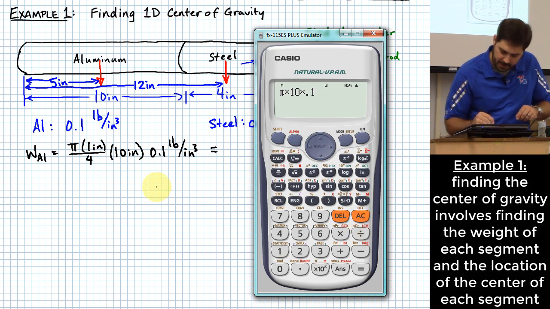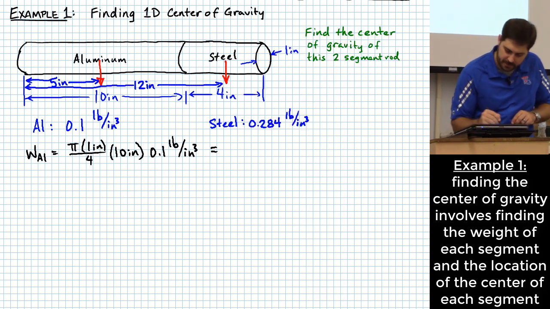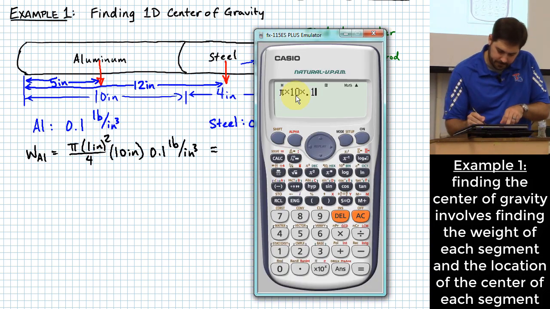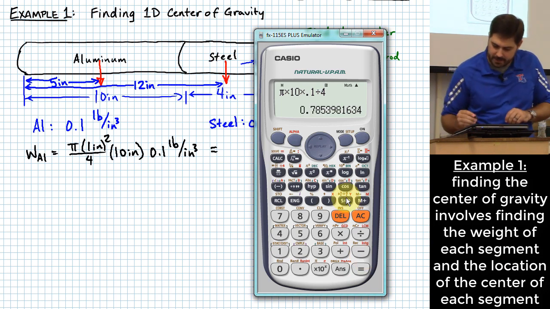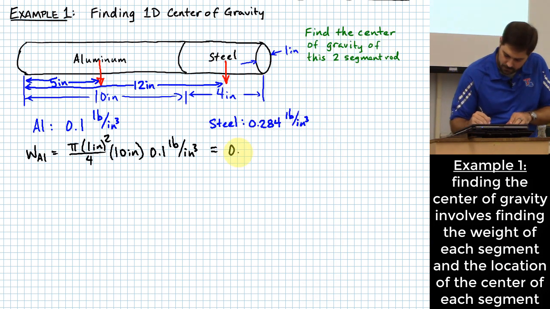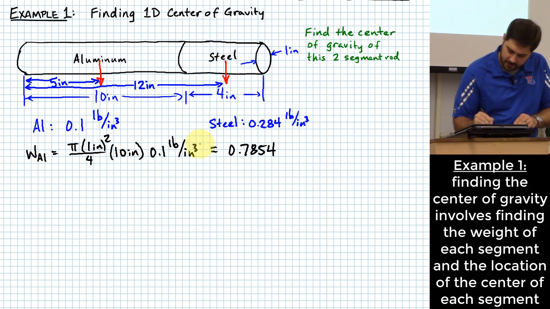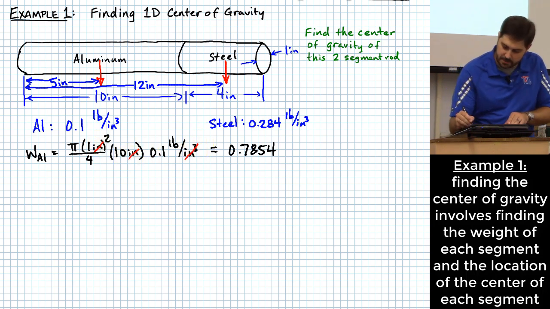Oops, I missed something here. I guess it won't matter for this example, but what did I miss? That should be squared right there. Okay. Pi times 10 times 0.1 over 4, which gives me 0.7854. My cubic inches are going to cancel all my inches there. It'll just be in pounds.